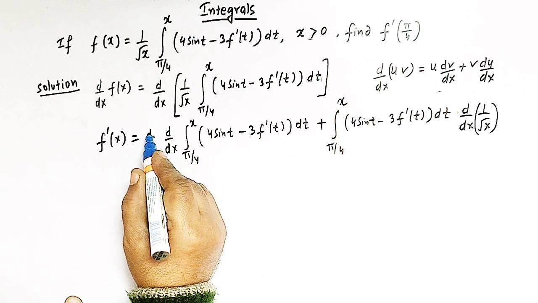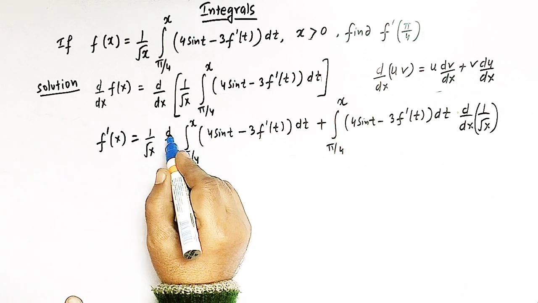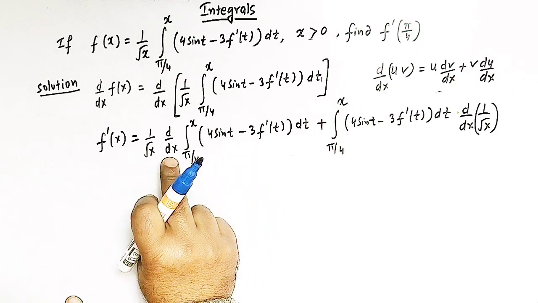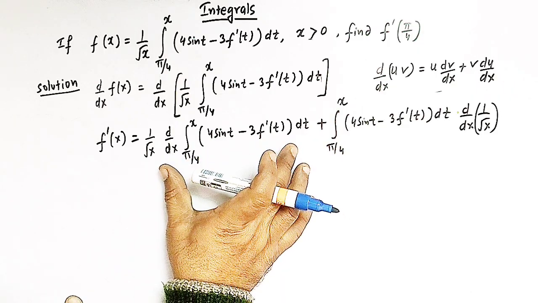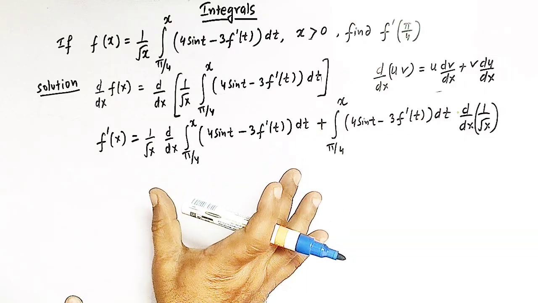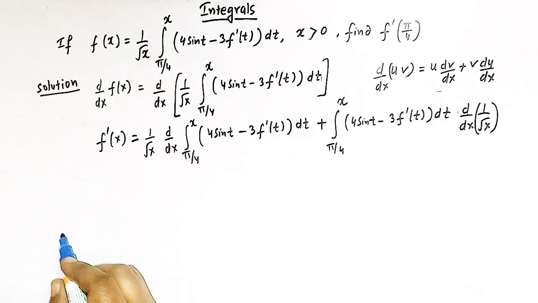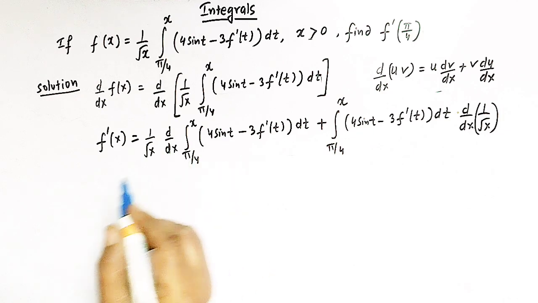Here we have 1 over square root of x, and then we have to find the derivative of this integral with respect to x. To get it, we have to make use of the Leibniz integral rule.